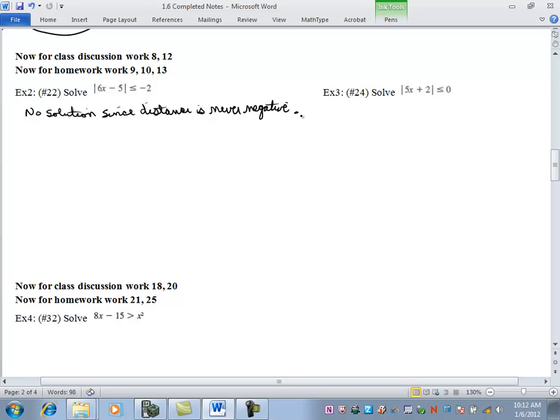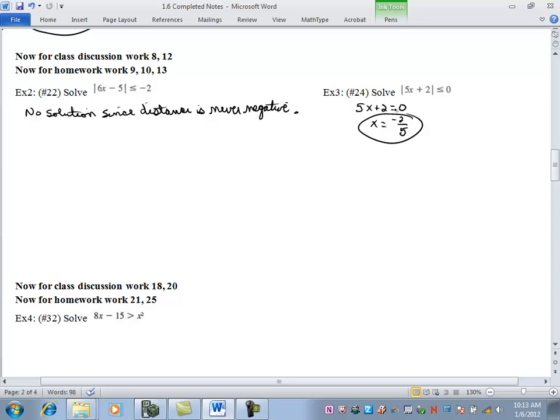And on the same token, where's the absolute value of 5x plus 2 less than or equal to 0? Well, it's never going to be less than 0. So we just need to find out where 5x plus 2 equals 0, and that's at x equal negative 2/5. So that's example 3, problem 24 here in our notes.